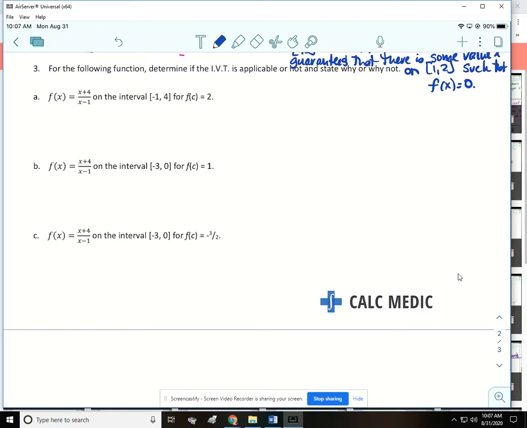So let's look at this one. Anything that is going to make you have 0 in the denominator will make the function undefined or discontinuous. So this function is discontinuous at x equals 1.